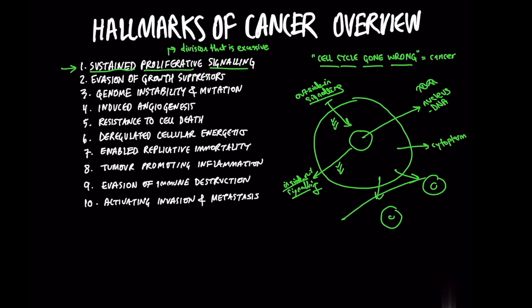So this is division, and division is normal. But mind you, these cells should be the same size as the original parent cell. Here, for the sake of saving some space, they were smaller. Division can occur naturally, but if it occurs too many times, it can become cancerous.